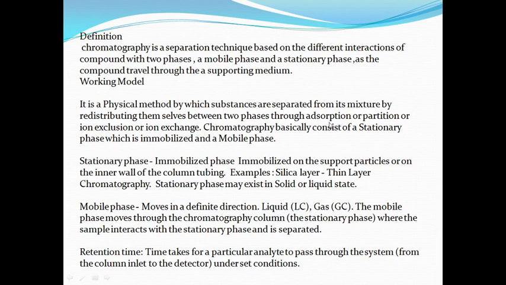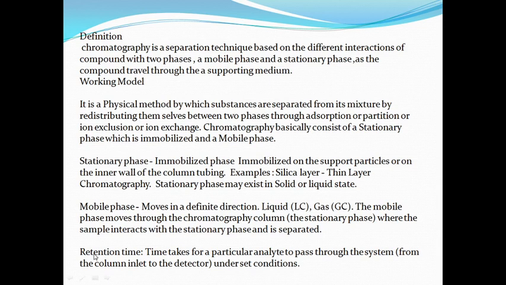If the stationary phase and mobile phase are both liquid or gas, then partition may take place. Or if the stationary phase is an ion-containing solid, then ion exchange or ion exclusion may take place.